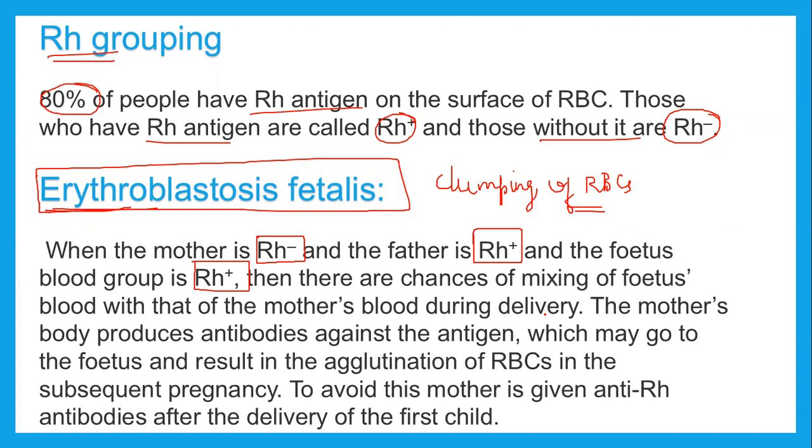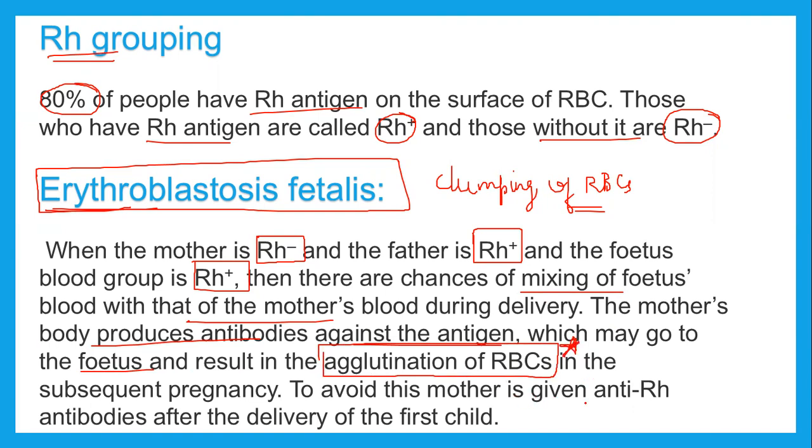That can cause mixing of the blood of the mother and the fetus, with chances of fetal blood mixing with the mother's blood during delivery. The mother's body produces antibody against the antigen, which may go to the fetus and result in the agglutination or clumping of RBC. Very important, the term agglutination.